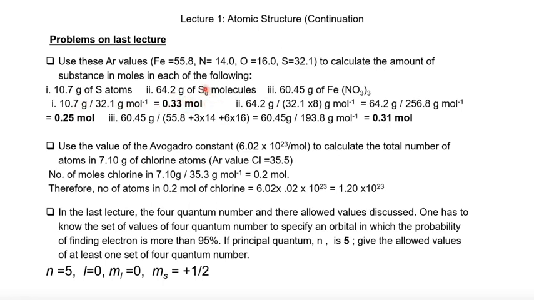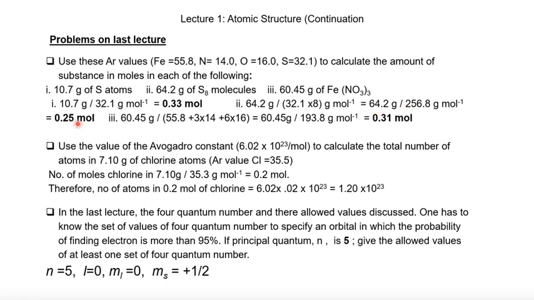Now we go for S8 molecules. We have to find out the molar mass of S8 molecules. That means 32.1 times 8. Then we divide the gram given for S8 by it, and we get the moles.